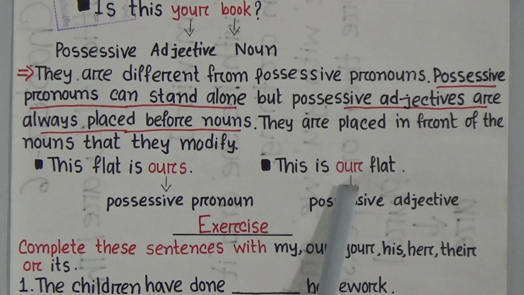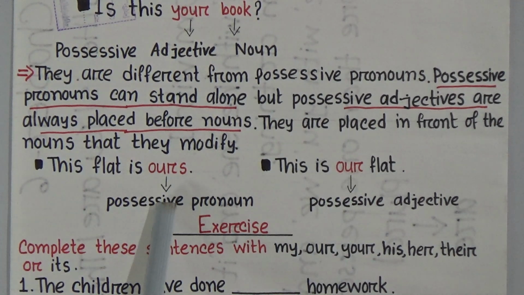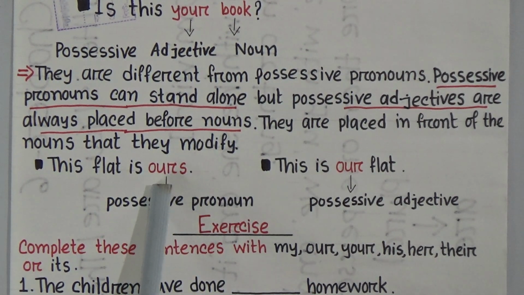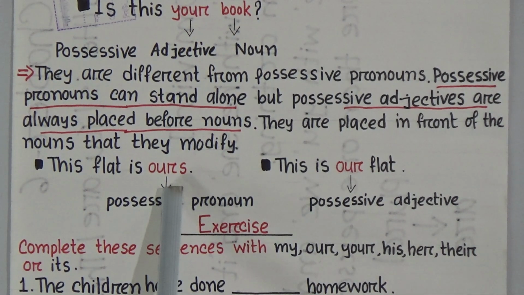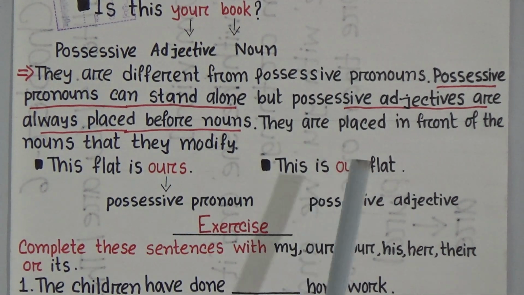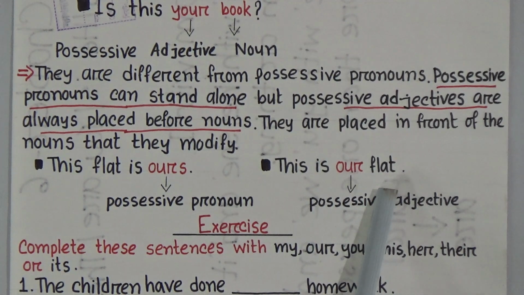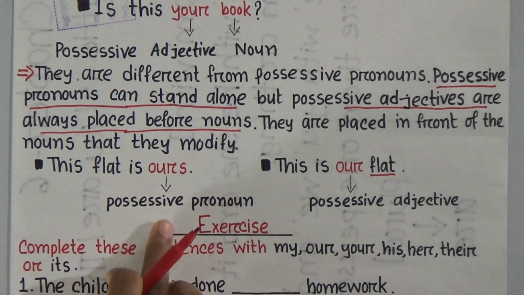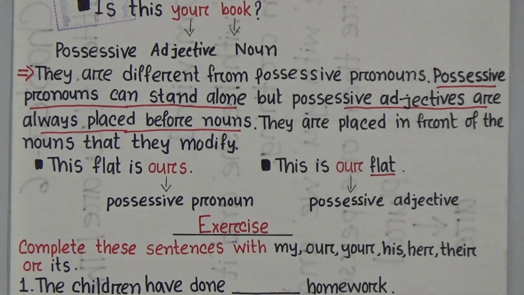The difference is, in the first example there is no word after the word ours. And in the next example, we find a noun after the word our. So our rule is, if we find a noun, it will be a possessive adjective. And if there is no word after it, it is a possessive pronoun.